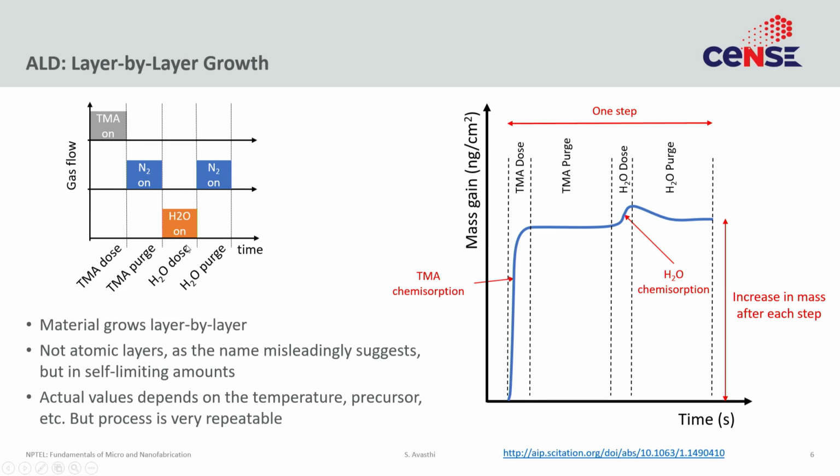And again, the length of time you flow water is called the H2O dose or component B dose. You wait for some time for this reaction to complete, for a monolayer of OHs to form on the surface. And after this, once again, you flow an inert gas to get rid of all the excess water in the chamber that has not reacted at the surface. So this is one complete cycle, right?